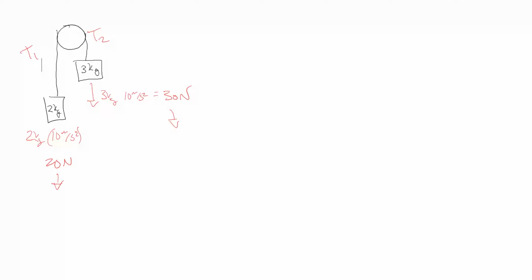So one force is pulling on one side, another force is pulling on the other side. Even though both forces are pulling in the same direction, the net force is going to be the greater of the two. So it's going to move, I would say clockwise to the right, because that's where the more mass is. So the net force is 30 newtons minus the 20 newtons, which is 10 newtons.